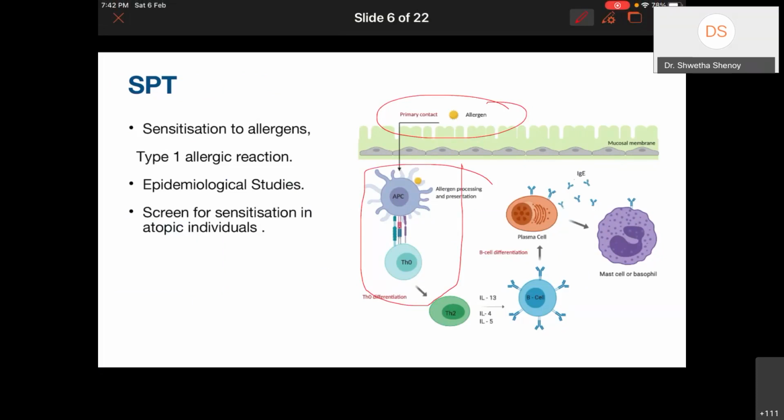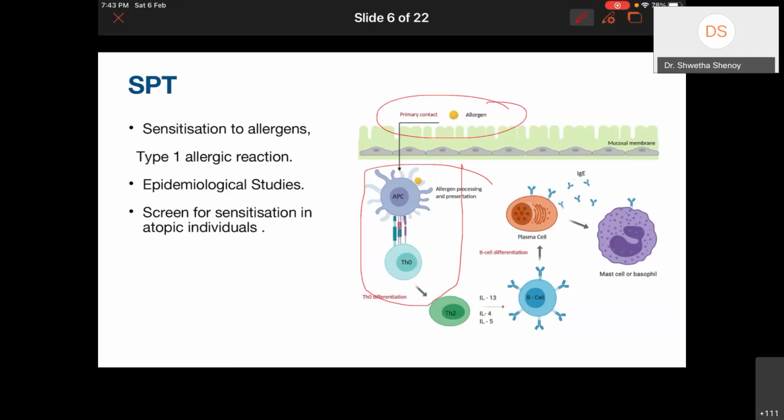What we know when we do an SPT is that this patient is sensitized. So there are two parts, like we spoke about last time. Sensitization is that mechanism in which the allergen comes in contact and the specific IgE is produced and it is waiting for the next time when it occurs to throw up a full-blown mast cell degranulation.